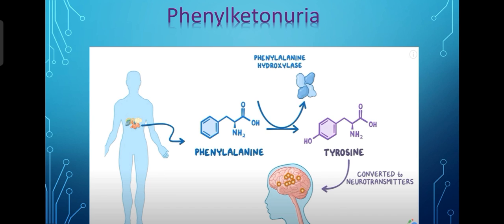So the effects may be due to the toxic accumulations of substrates before the blockage or intermediates from alternative metabolic pathways, defects in energy production and use caused by a deficiency of products beyond the blockage.